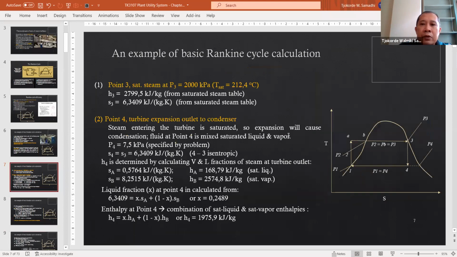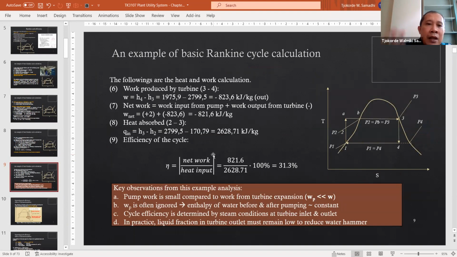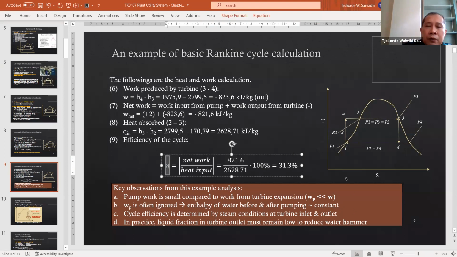So continue on with the calculation, just to refresh your memory. Ultimately, all of these calculations are basically mass and energy balance calculations, right? There's nothing surprising here. Ultimately, we would like to be able to calculate this cycle efficiency, meaning for each unit of thermal energy that we input to the system, how much work are we getting from it?